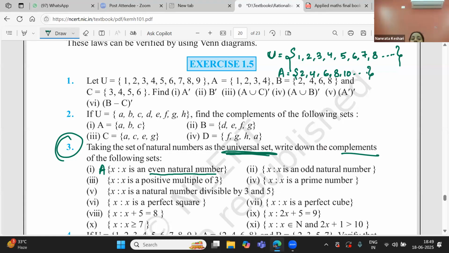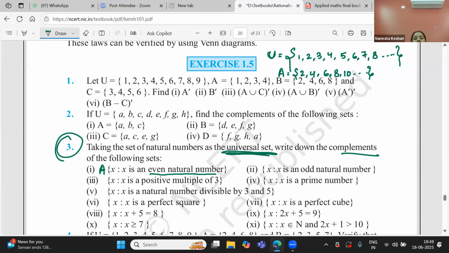And if you have to find the complement, read the instruction. Taking the set of natural numbers as the universal set, write down the complement of each given set.